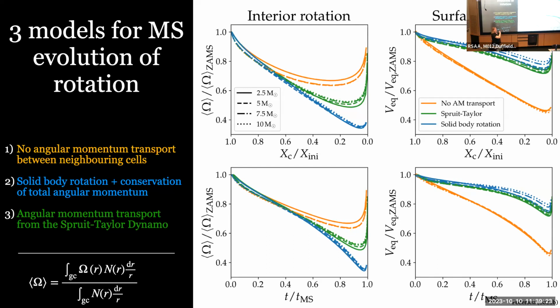Okay, so the results we saw before do not seem too surprising, but what we can do now is have a look at what happens if we take these rotation profiles and scale them, and see which regions of these rotation-age diagrams are spanned for the stars that we're looking at.